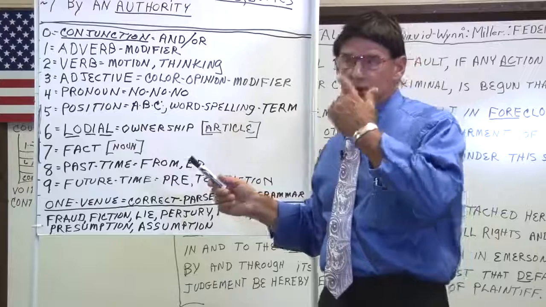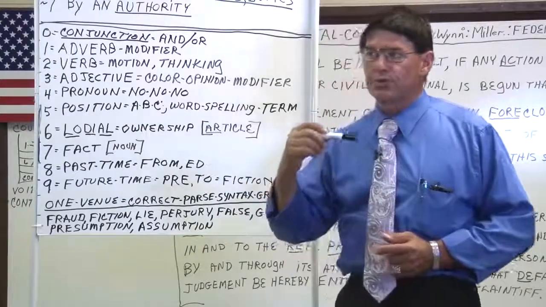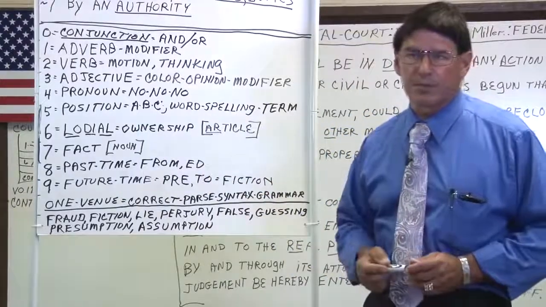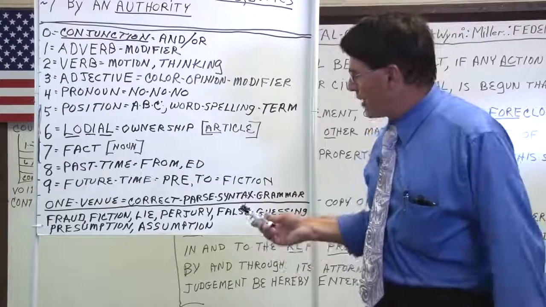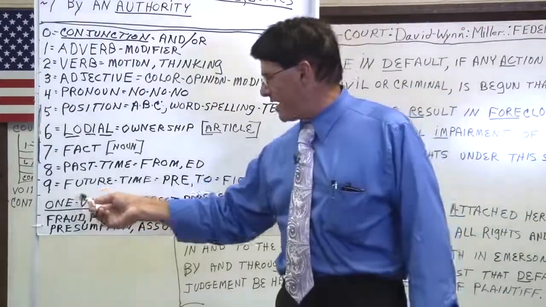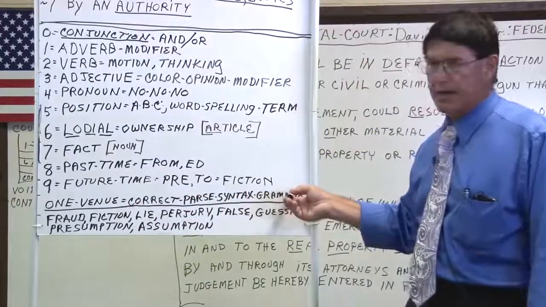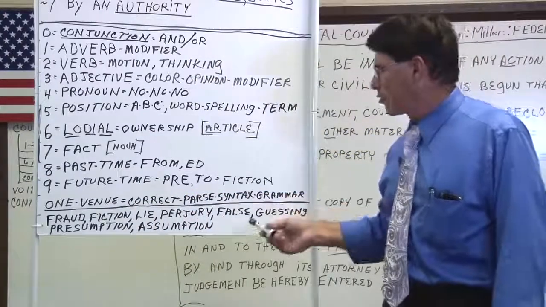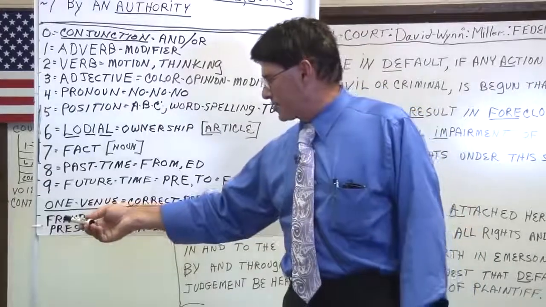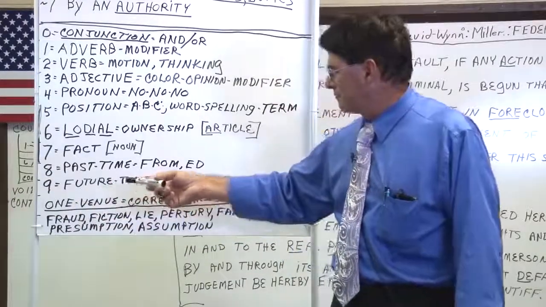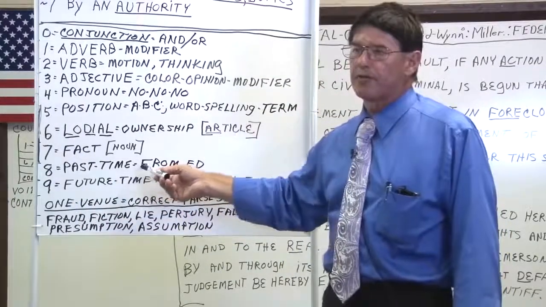When we went to school, they taught us that a sentence must be one thought. So we have a one venue or one condition of thought, which is the correct parse syntax grammar. However, in the world of fraud, you're going to have, going to the store from the house.